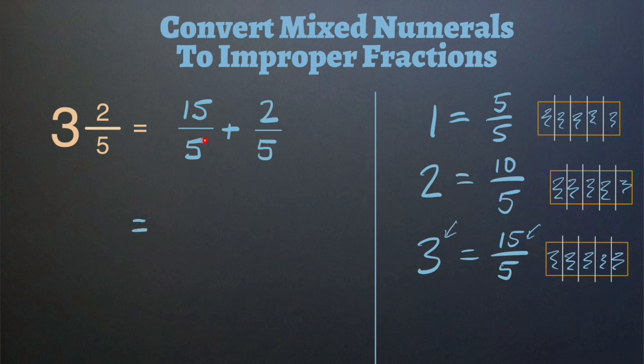Now, because we're adding fifths with fifths, we know our answer will also be in fifths. And 15 plus 2 is going to be 17. 17/5. The key to this really is knowing this part though. It's being able to convert whole numbers into fractions. If we can do this, the adding up part is relatively easy.